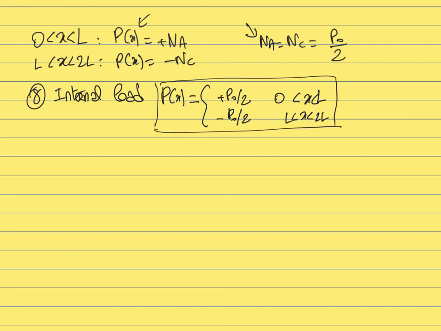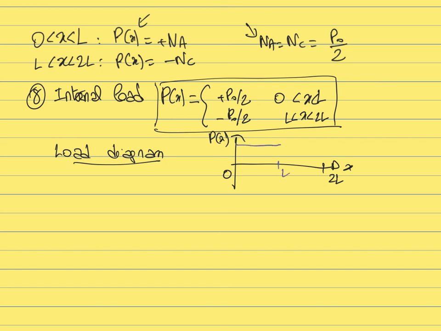So if I'm asking you to draw the load diagram, then what you need is just to plot the value of the load as a function of x. So in this case, that would look like this. So you plot as a function of x for x going from 0 to 2L. You plot the evolution of the load. So in this case, the load is positive between 0 and L. It's equal to plus P naught over 2.